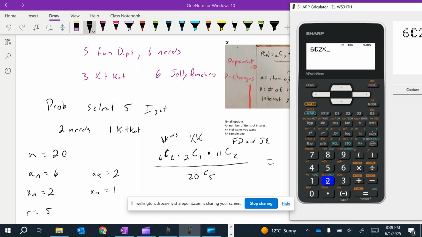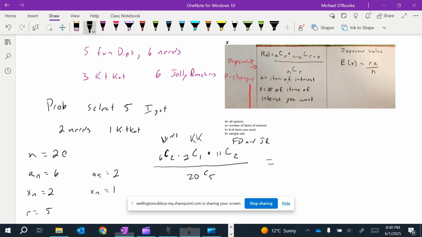Let's try this again. 6C2 times 2C1 times 11. And that should not be 11. Yep. Divided by 20C5.